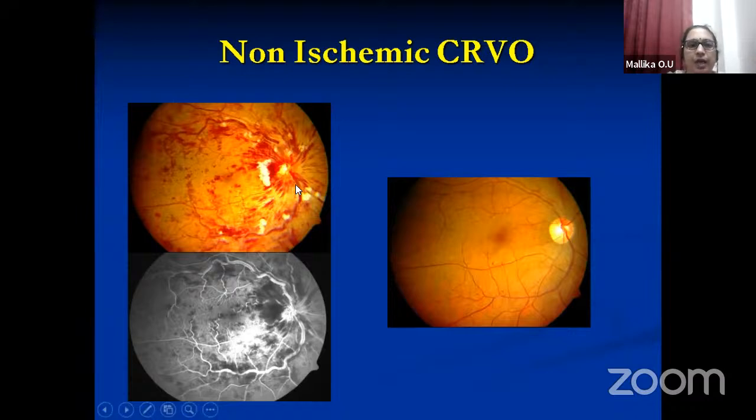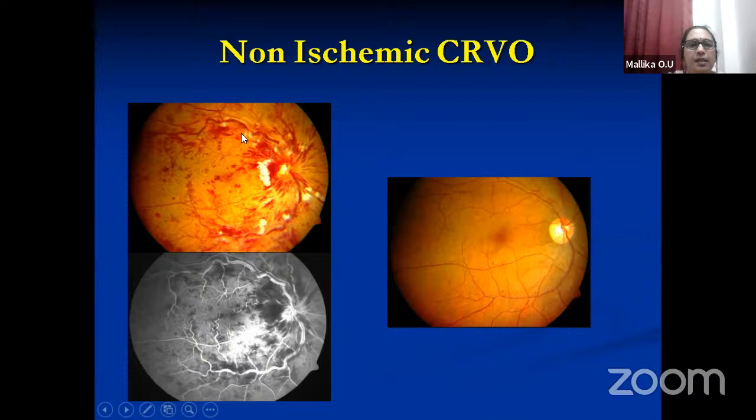So if you describe the non-ischemic central retinal vein occlusion, instead of the normal disc, you can see the disc is edematous, and you can see the margins are ill-defined or blurred disc margin because of the peripapillary retinal edema and optic disc edema.